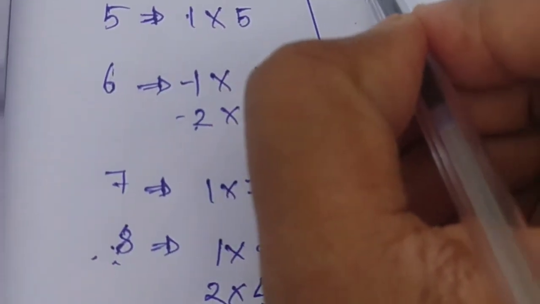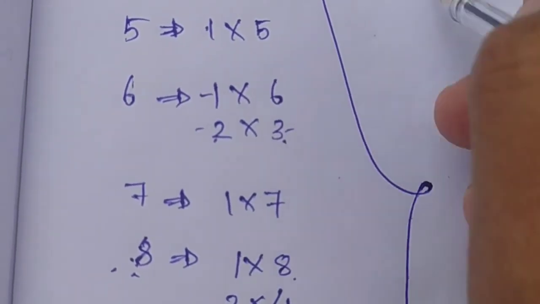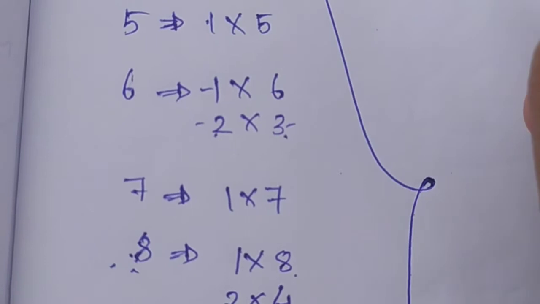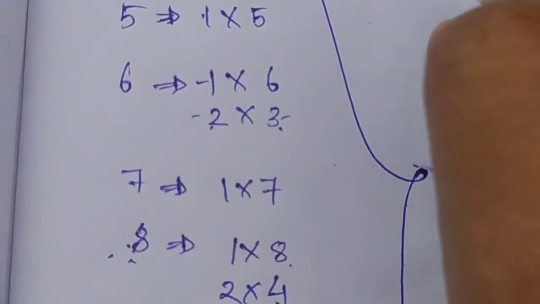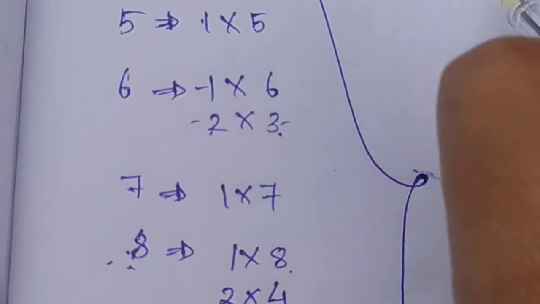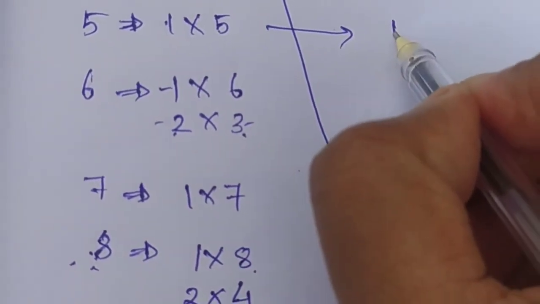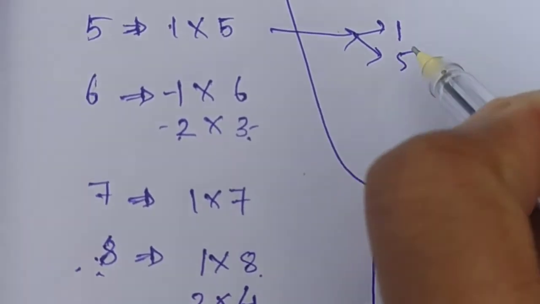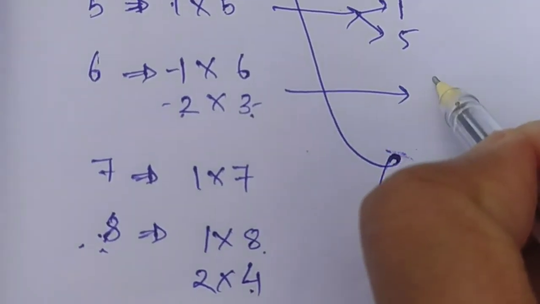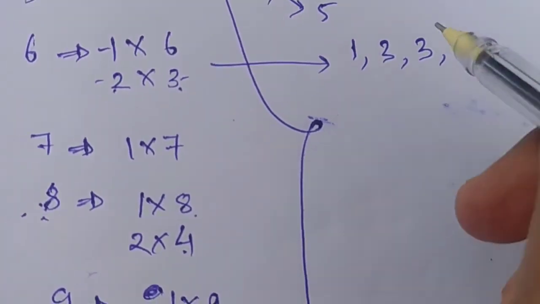If you look at 4, it has 1, 2 and 4, so 3 factors. Let's go to 5. 1 and itself. Let's go to 6. It has 1, 2, 3 and 6.